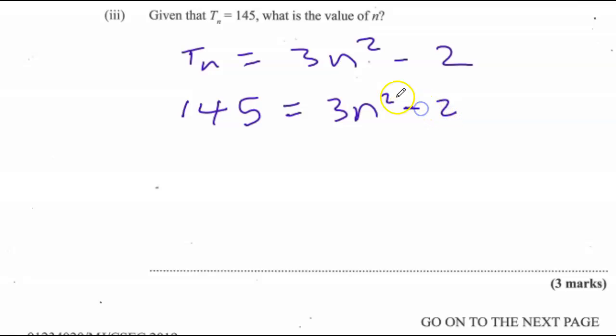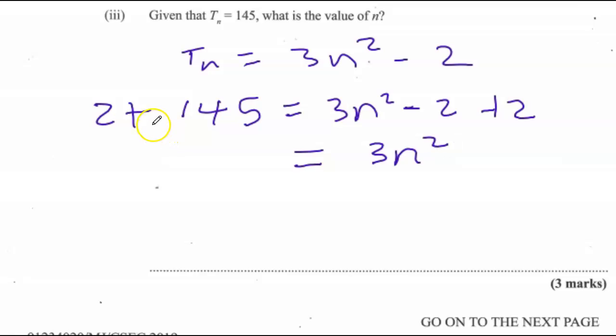Now we're solving for n squared, so we can add 2 to both sides. We have 3n squared equal to 2 plus 145, that's 147. And we divide both sides by 3.